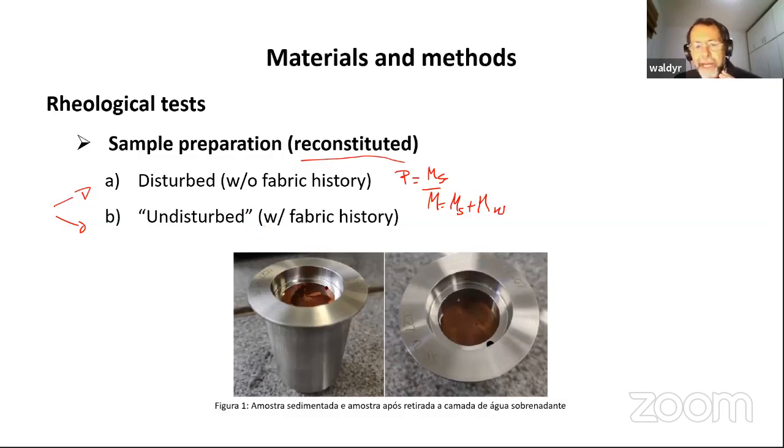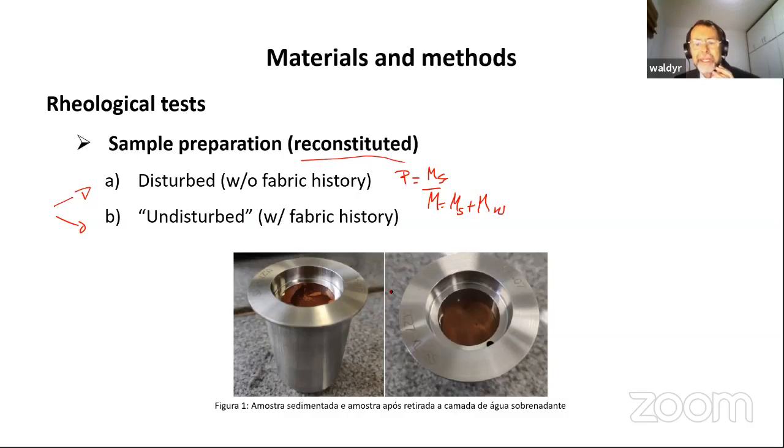So what we have done, we have this cup. On this cup, we place our sample, let the sample sedimentate, let the sample consolidate, and then let the sample desiccate.